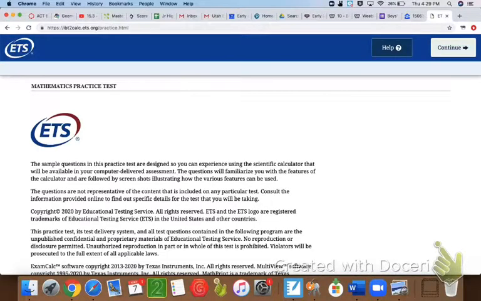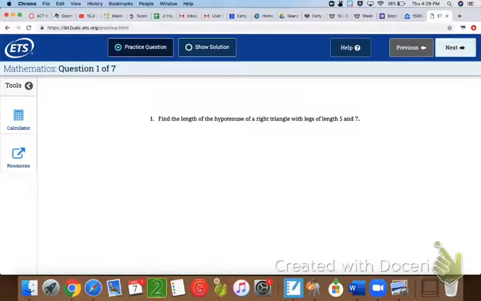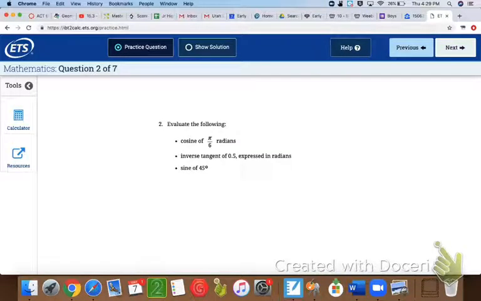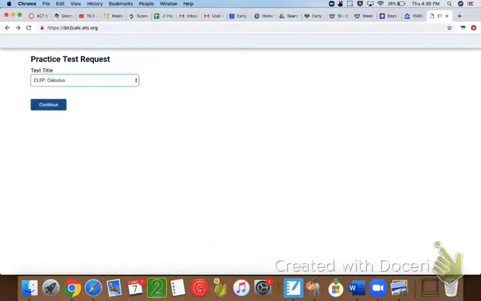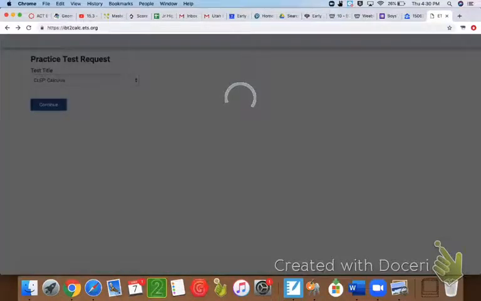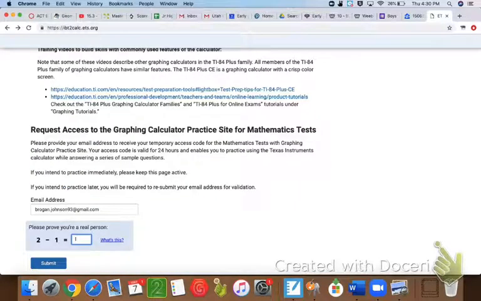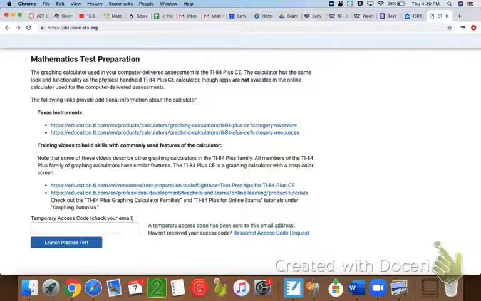So continue. Next. Where is, oh, the calculator's over here. Okay, this is actually not the one I want. Okay, so I lied to you, you probably have to go to calculus. Same thing, 2 minus 1 is 1. And it actually tells you up here what graphing calculator you need, so I could have just read that, I guess.